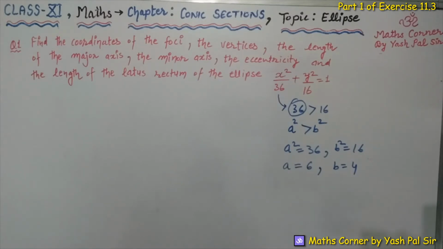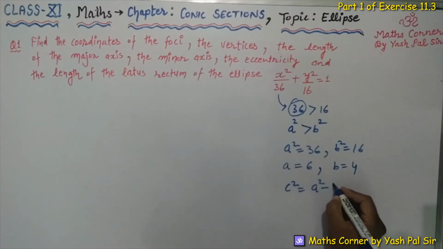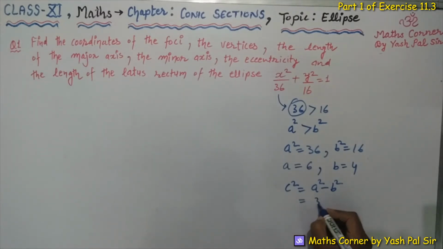Now the condition is c square is equal to a square minus b square. So we substitute the values, 36 minus 16, that is equal to 20. That means c is equal to square root of 20, which is equal to 2 into square root of 5.